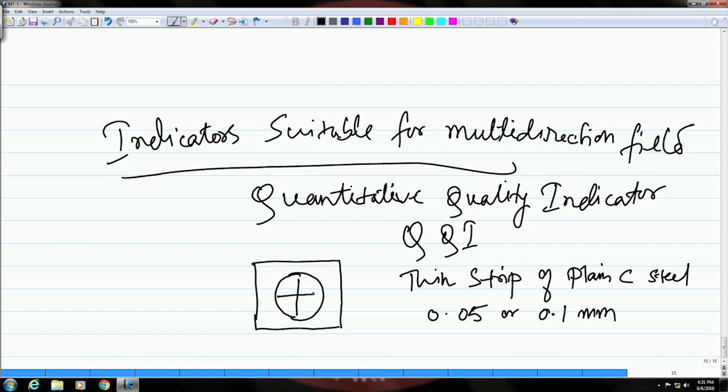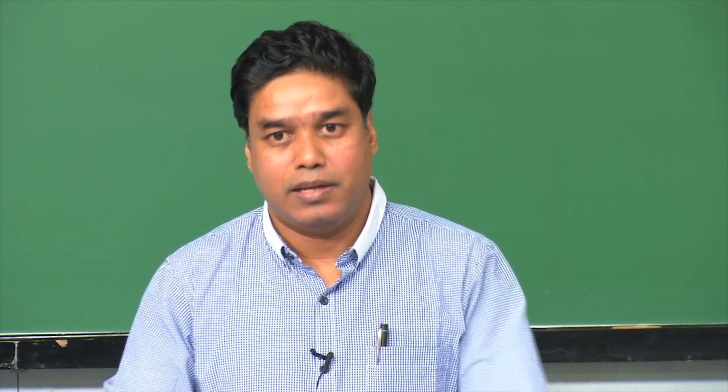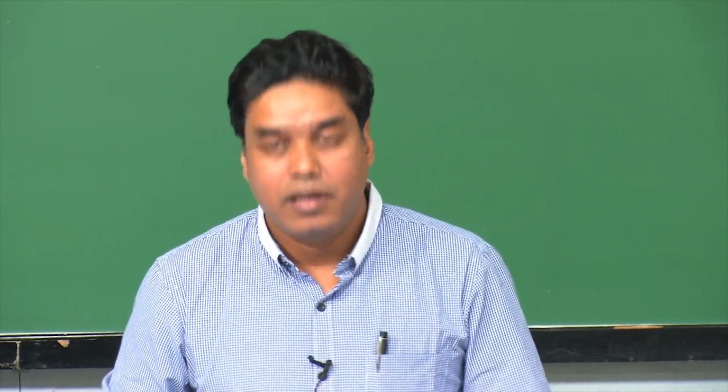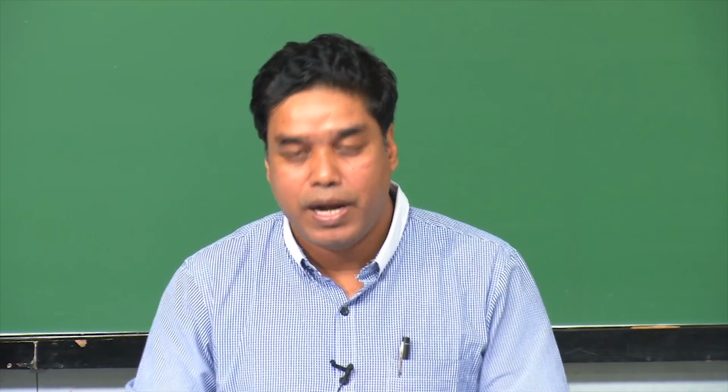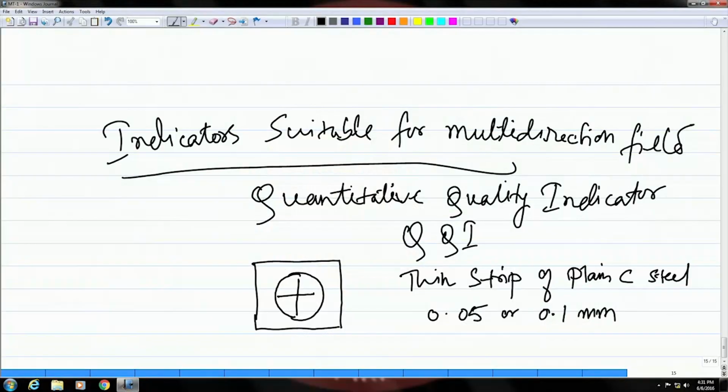Okay. So, this is one example, but you could etch out different kinds of patterns based on what kind of magnetic field you are applying or how many directions you want to apply and so on. So, depending on the requirement, this pattern can be varied and different kinds of patterns can be etched out on this thin strip of metal. Okay.